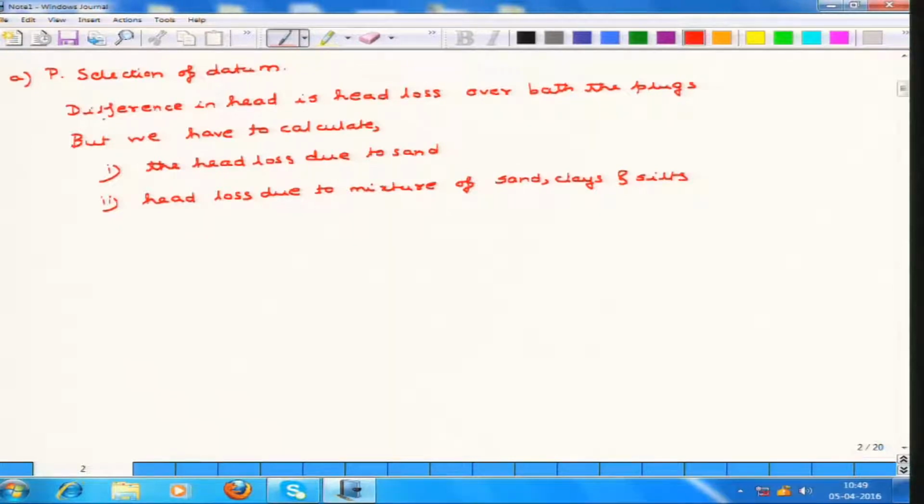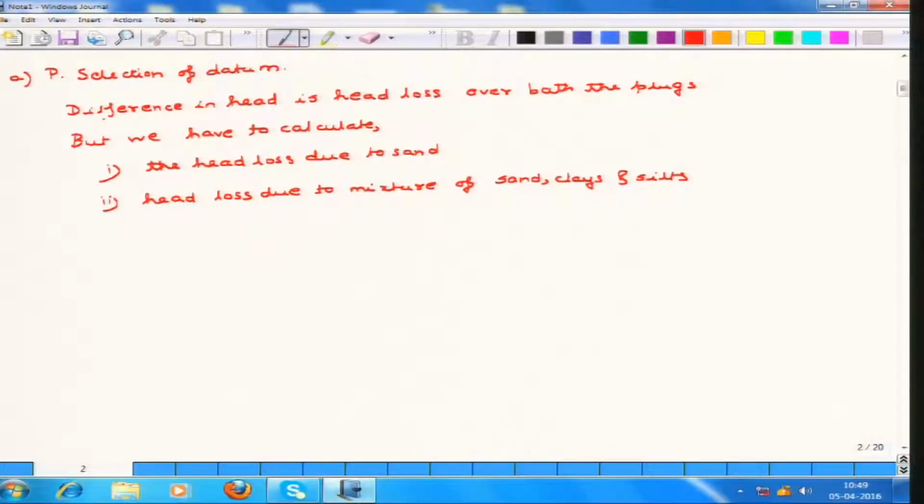Now, the continuity equation, as we know, will provide the opportunity to find out the head loss over the entire pipe. Let us see how to find out the head loss over the entire pipe length.